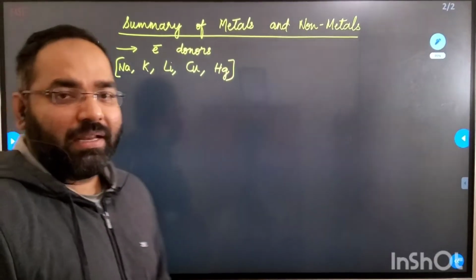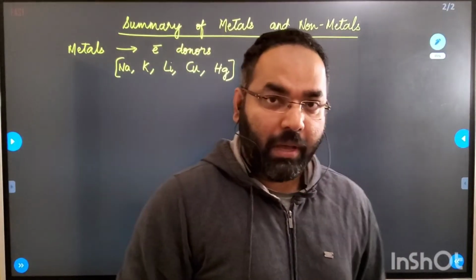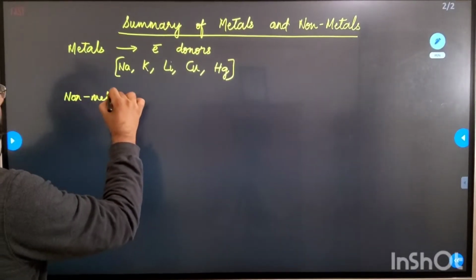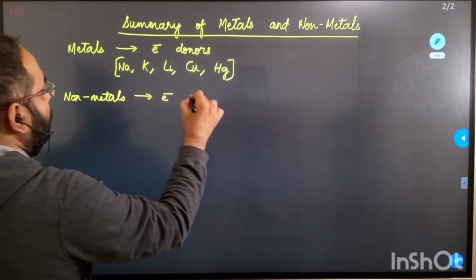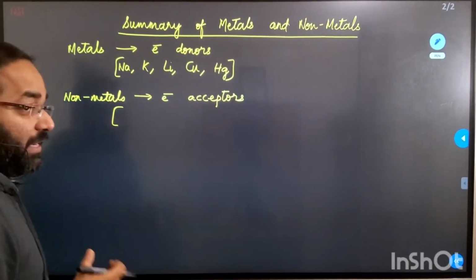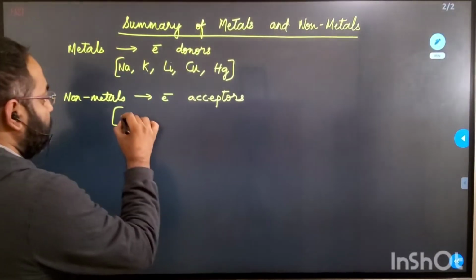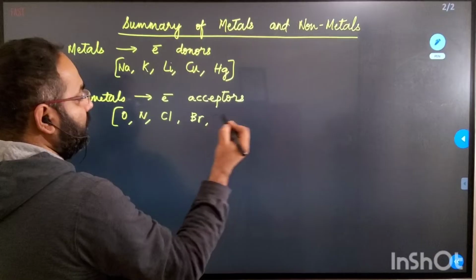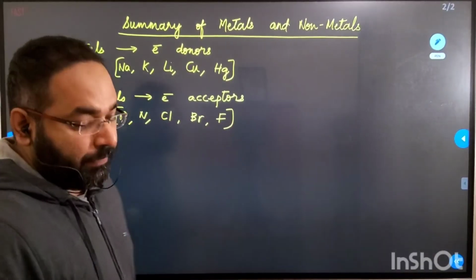All these are excellent electron donors, so they automatically become metals, whereas non-metals are those that are electron acceptors. These are elements that have a tendency to accept electrons, which would be oxygen, nitrogen, chlorine, bromine, fluorine, and all of that.